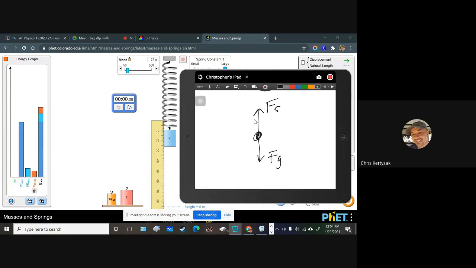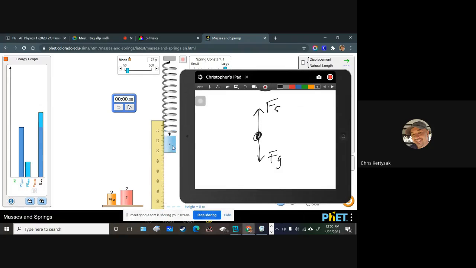So if the weight mg of this block was 2 newtons, then the spring force must be upwards of 2 newtons since those add up to 0, right? So this is called the equilibrium position because the block is in equilibrium at this position. It doesn't mean that it only is in equilibrium when it's not moving.